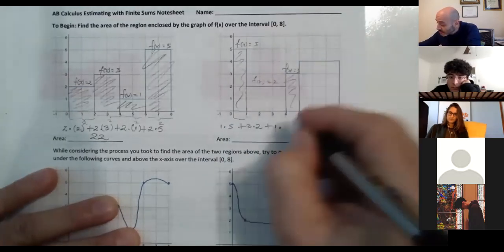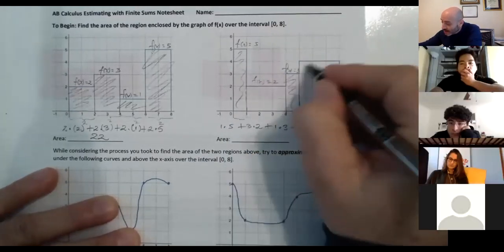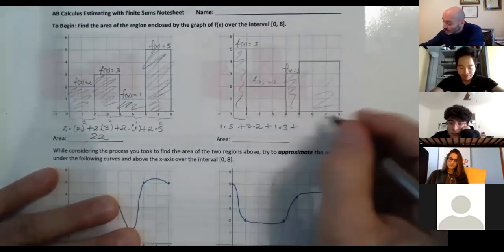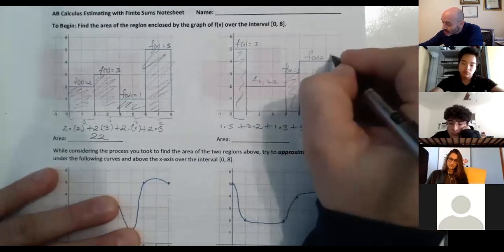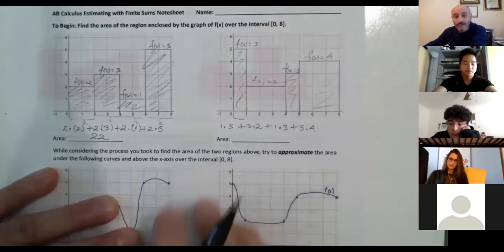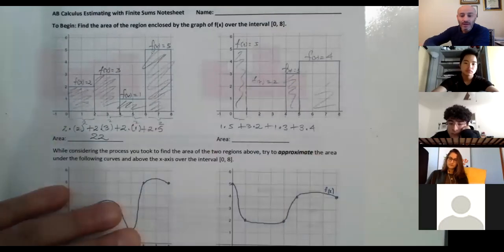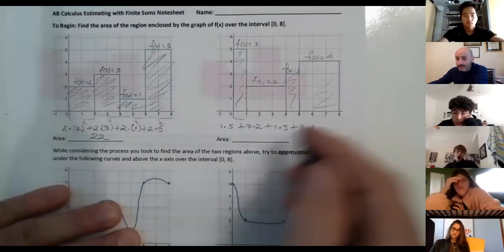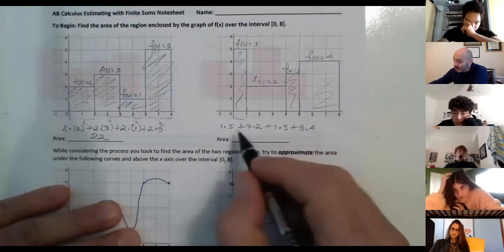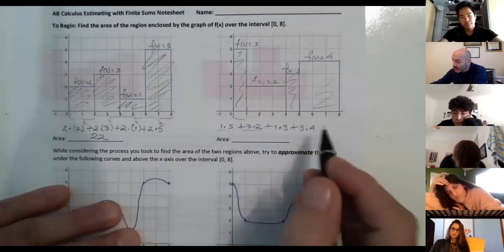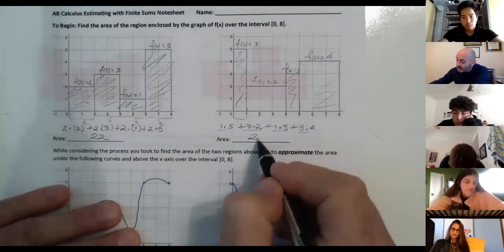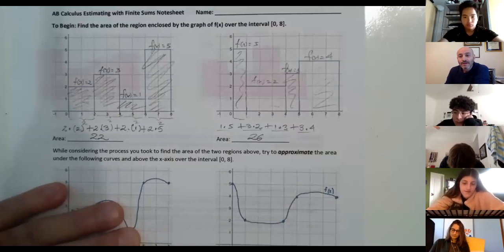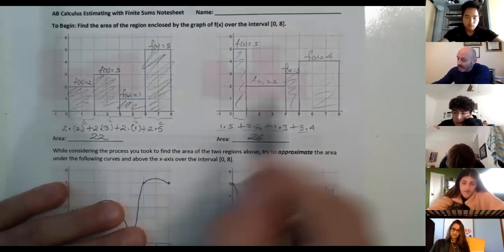And the last one is 3 times the function value, which in this case is 4. We add all that together, and then we have the area. And the area in this case is going to be 5, and 6, 11, and 3, 14, and 12, 26.